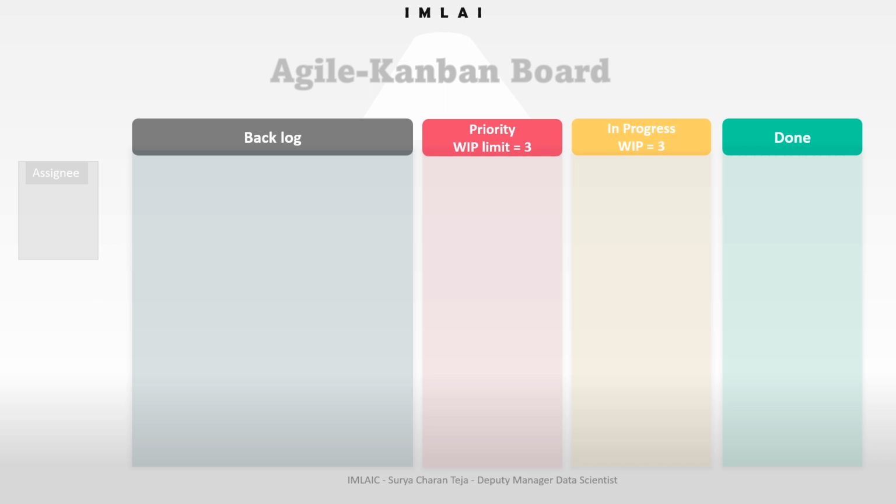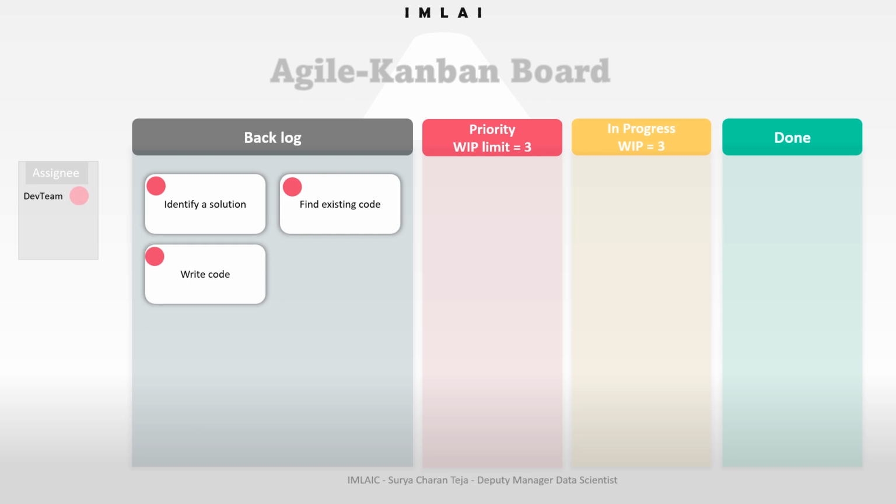We have our assignees from the dev team, and some tasks are attached to the dev team which they have to complete. These are all in our backlog: find existing code, identify a solution, write code, design the pricing web page. These tasks should be completed by the dev team, but at this moment they are all in the backlog.